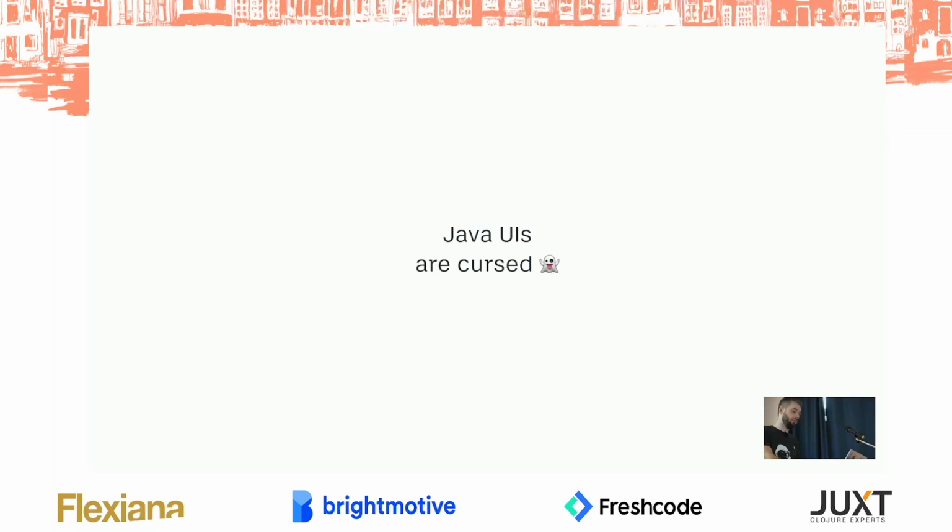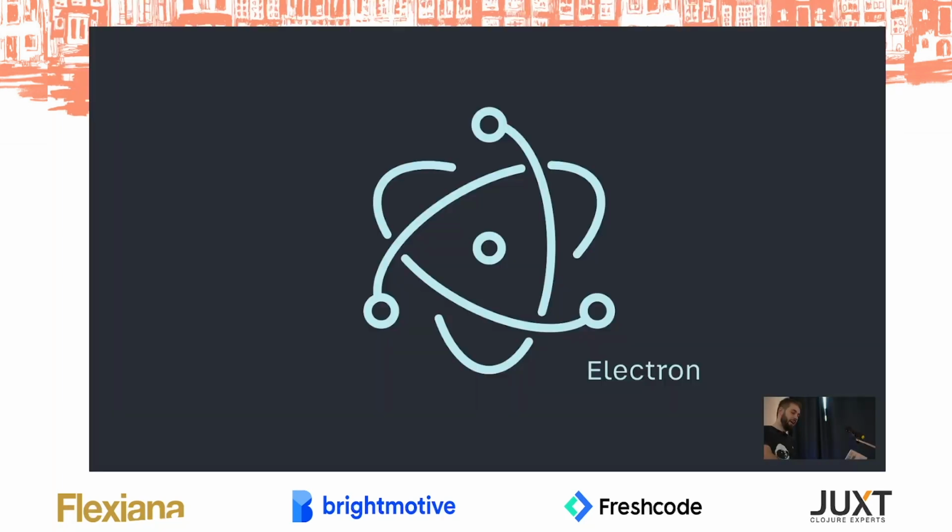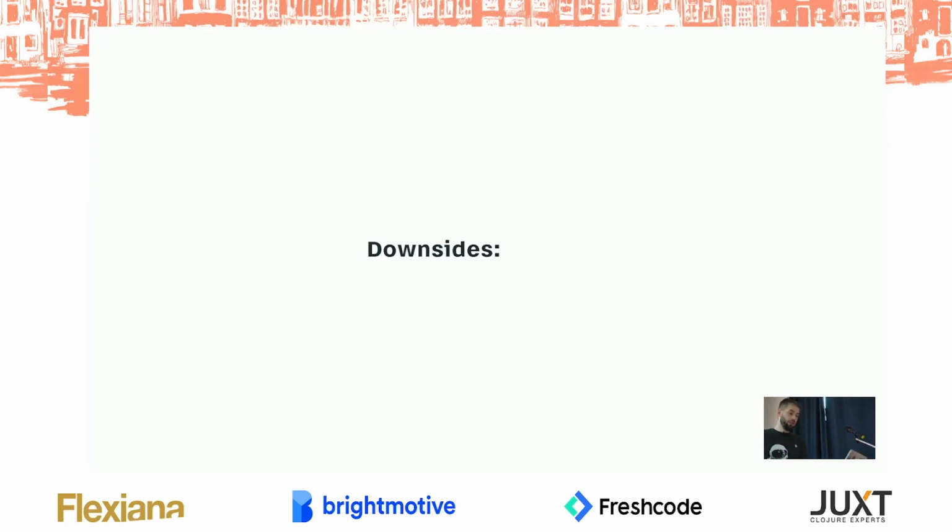There is no popular application written in Java, except JetBrains, but it cost them. And of course, Electron. So basically, the only realistic option, let's say, for a native application today is Electron, which is okay. Well, at least we have one, right?